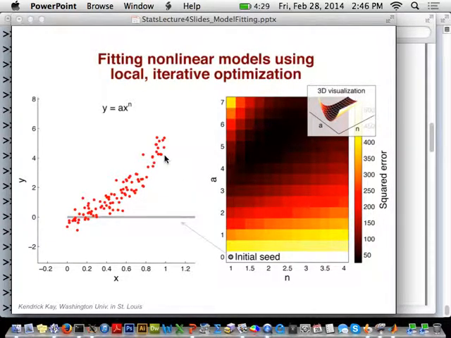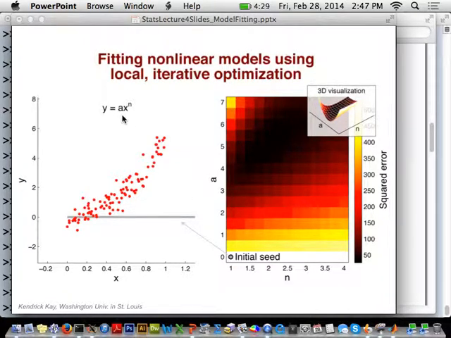So we're going to use this idea of a local iterative optimization approach, and we're going to step through that. I've taken one point in this space, so I've started at the bottom left, when A is 0 and N is 1. Let's look at what that is. A is 0, so we have y equals 0 times x to the 1 power, because N is 1.